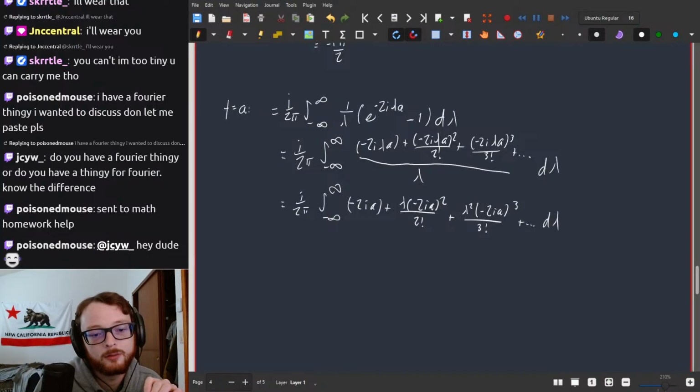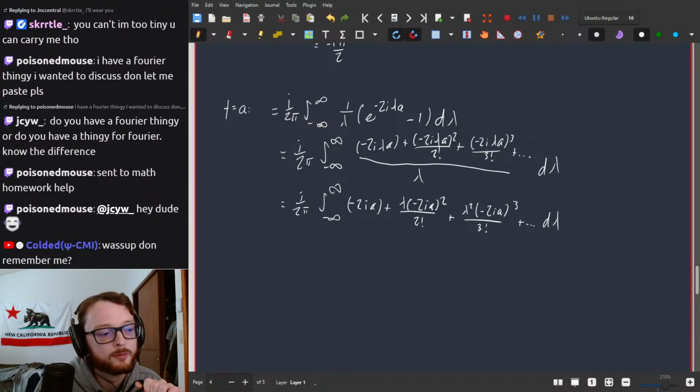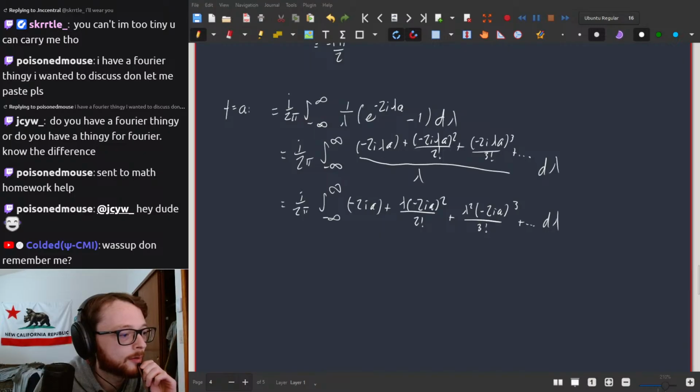Like the odd functions should get wiped out, right? The odd powers. Hey, Colded, I remember you.